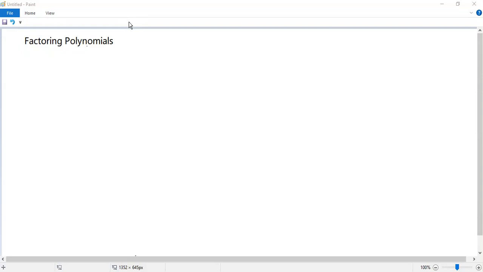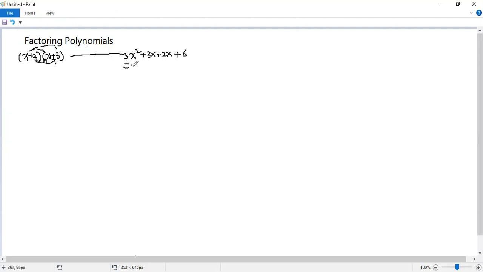We want to talk about how to factor polynomials. Given a product of two linear polynomials, say (x + 2)(x + 3), we can expand it to get a quadratic polynomial. x times x is x squared, x times 3 is 3x, 2 times x is 2x, 2 times 3 is 6.